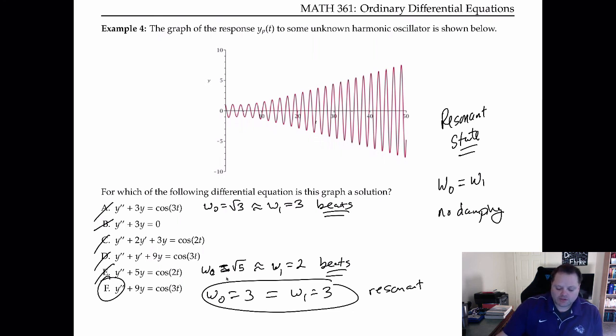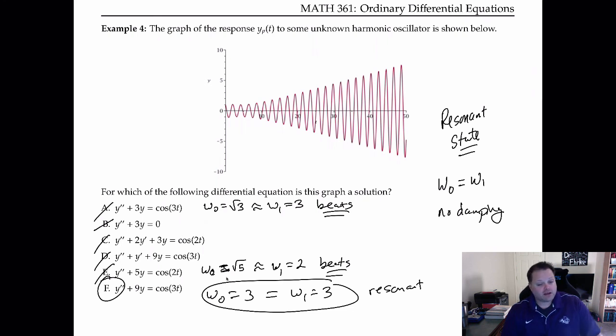All right, so just as a quick recap, what you need to get out of this lecture is a complete understanding of how we transition from a natural undamped frequency to, once you start to force it, you create this beat state. And then if you push it all the way to the point where the driving frequency or the forcing frequency matches the natural frequency, you produce this resonant state.